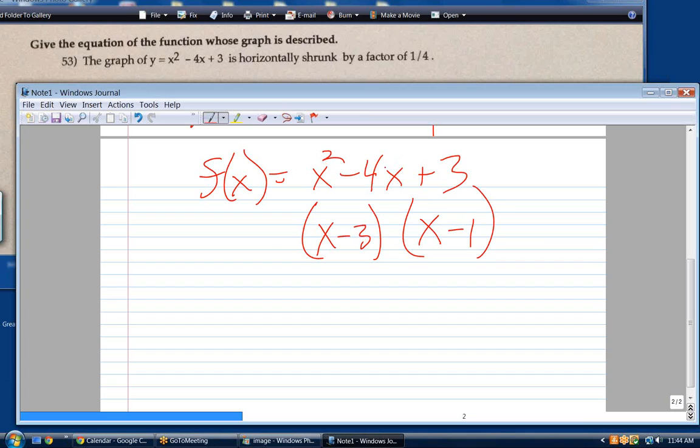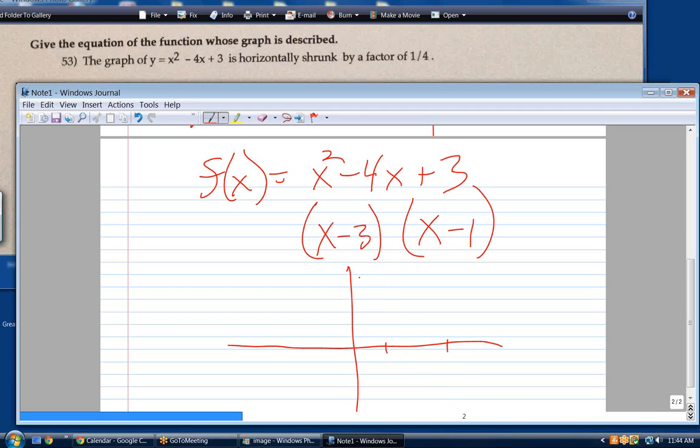We know it's a parabola, right? Because it's a quadratic. Well, how do we graph? If we can get the quadratic in x-intercept format, which we have it in here, I know the x-intercepts are 1 and 3.